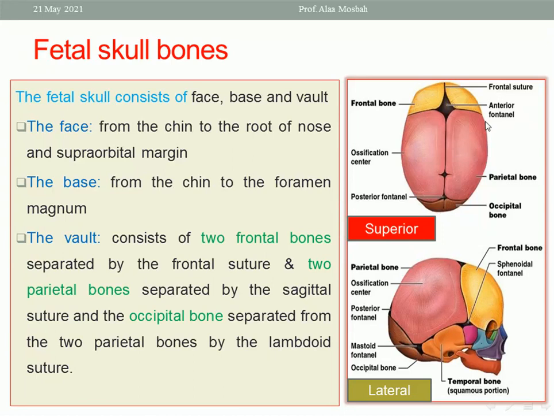The two parietal bones are separated by the sagittal suture. The two frontal bones are separated by the frontal suture. The frontal bone is separated from the parietal bone by the coronal suture. The two parietal bones are separated from the occipital bone by the lambdoid suture.